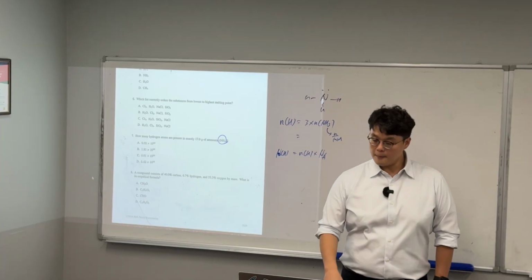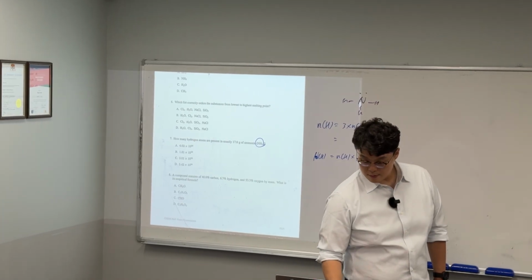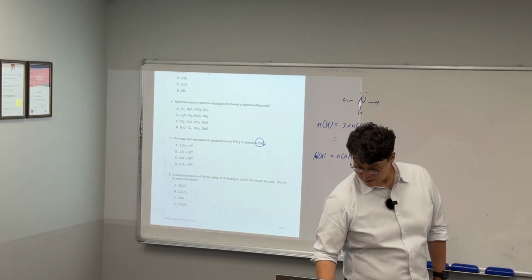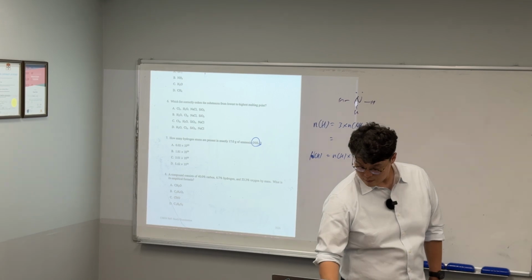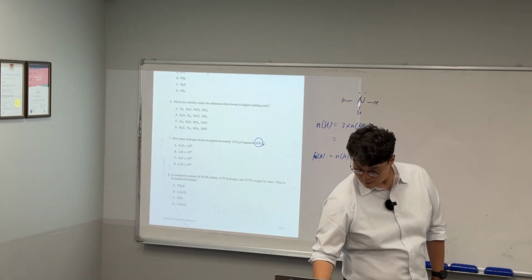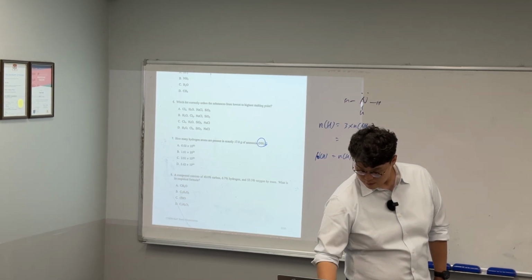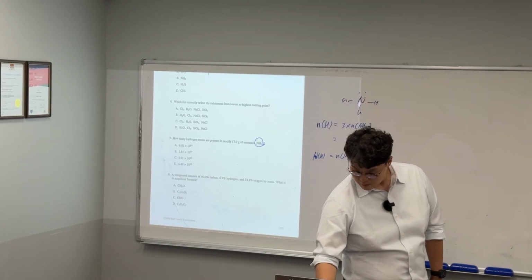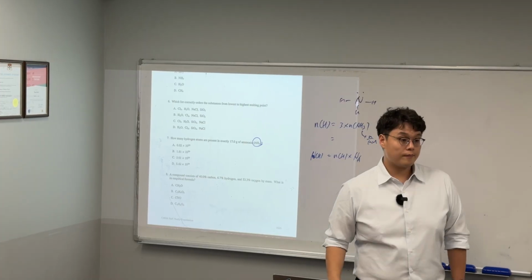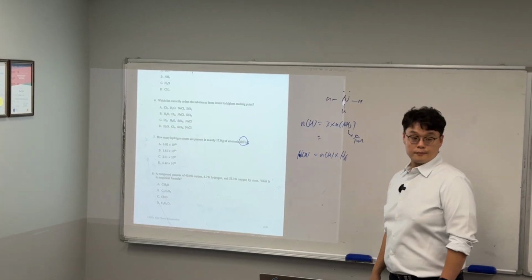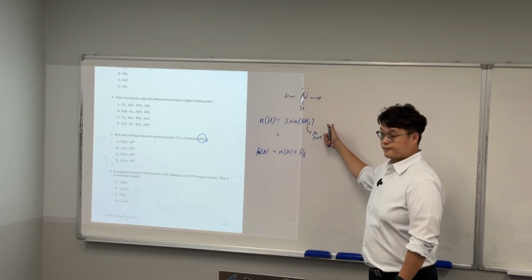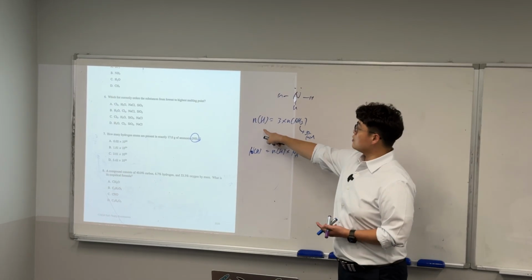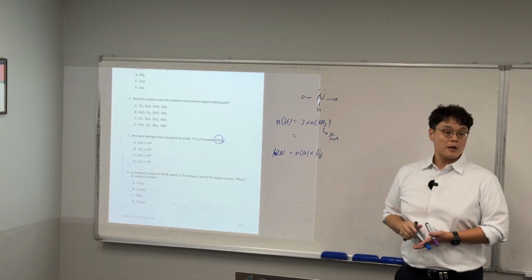Do you understand that? What is 1 mole of hydrogen equal to? The number of hydrogens equals 3 times the number of ammonia molecules.